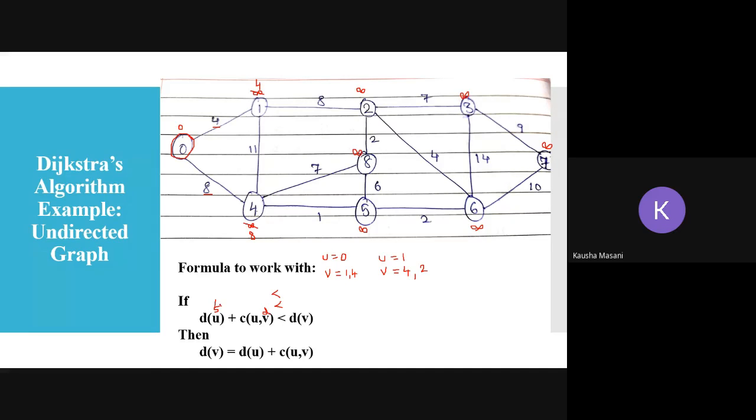So 4 plus what we are searching for, first of all 1 to 4. The edge weight is 11, so 4 plus 11 gives me 15.